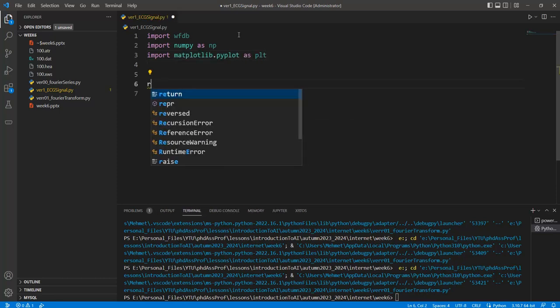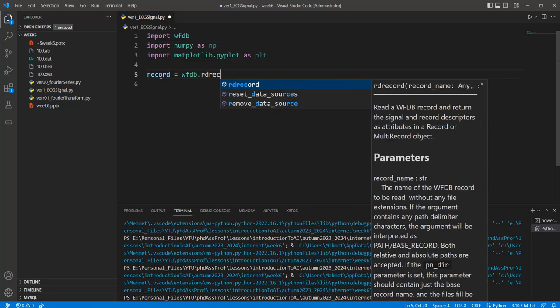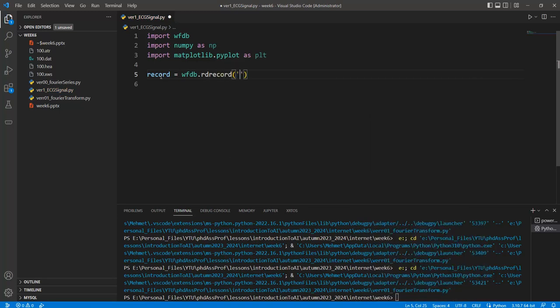Okay, and so if we have this dataset, including your 100 attribute file, dot file and header file, we can obtain the record values with the VFDB dot rd records, with the specific name 100.